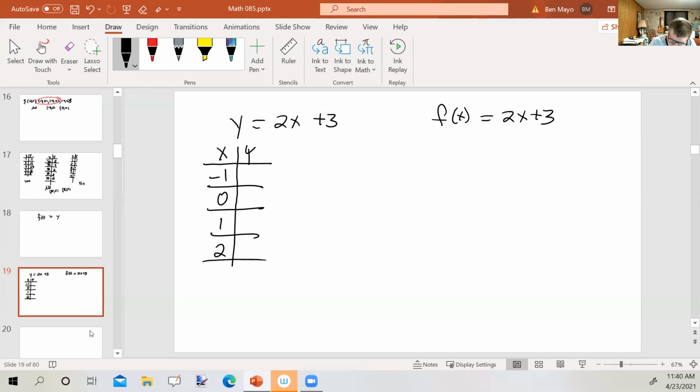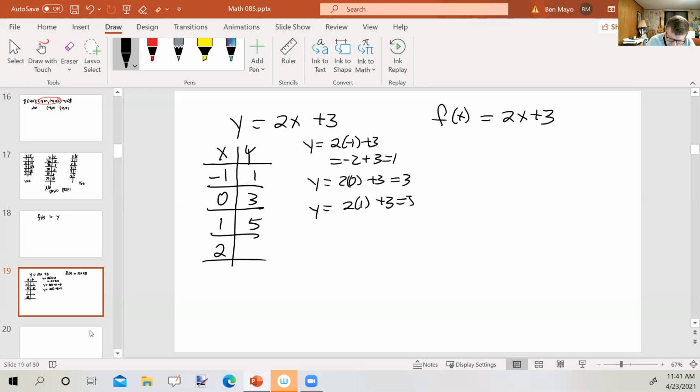If x is -1, y would equal 2 times -1 plus 3, which is -2 plus 3, which is 1. If x is 0, y equals 2 times 0 plus 3, which is 3. If x is 1, y equals 2 times 1 plus 3, which is 5. And if x is 2, y equals 2 times 2 plus 3, which is 7. So we've got these ordered pairs in a table form that are solutions to that equation.